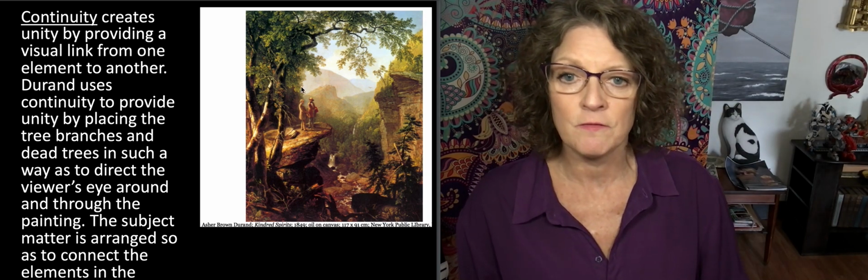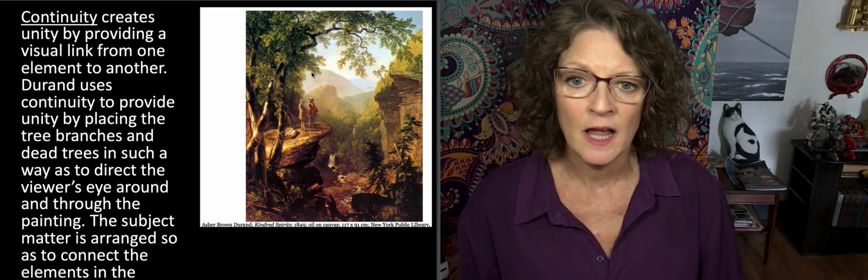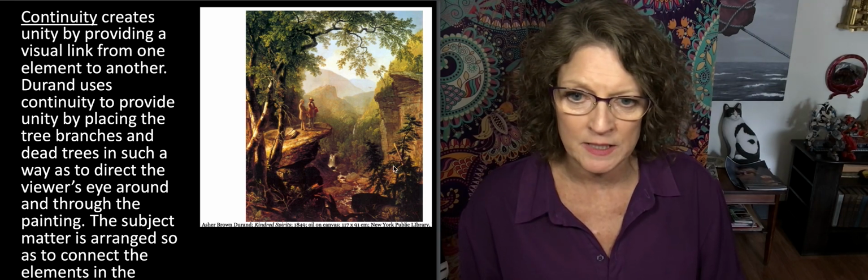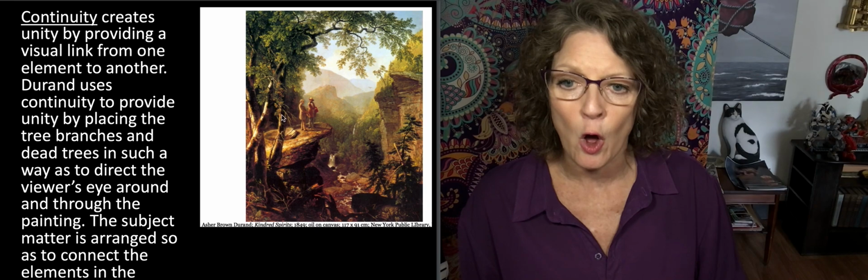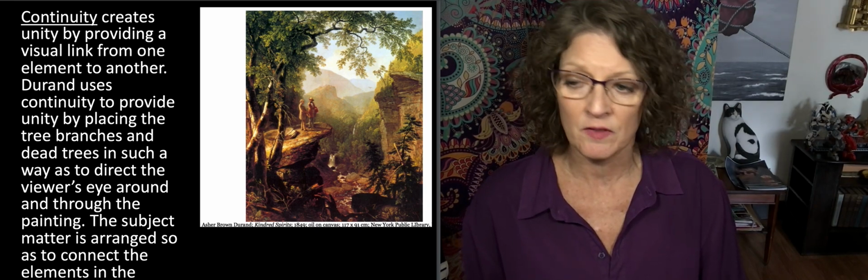Our eye tends to follow that ellipse around and around, and every time we come back we notice something new, a little detail that maybe we didn't see before, but it always brings our eye back to the focal point, the most important part of the painting.